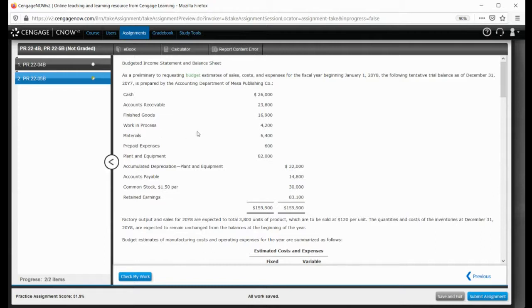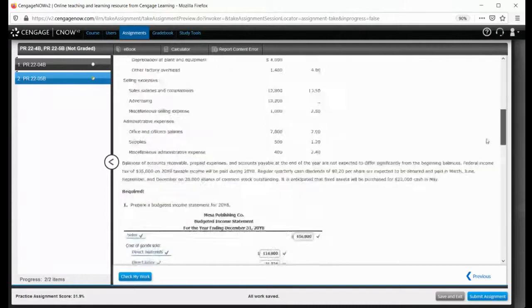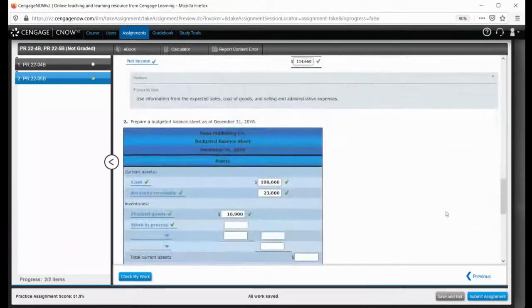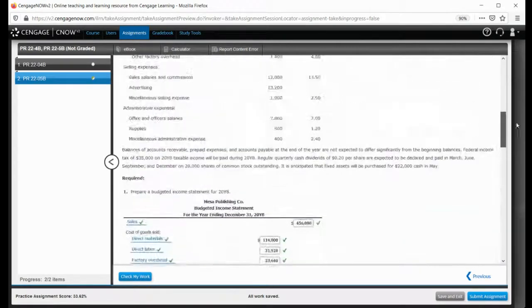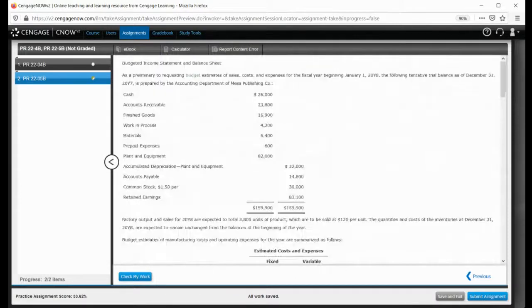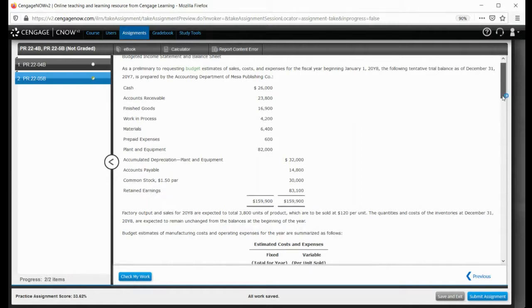Work in process is 4,200. And then we're going to look for our materials inventory. And your materials inventory is $6,400.